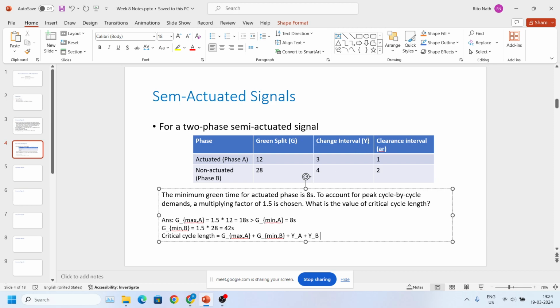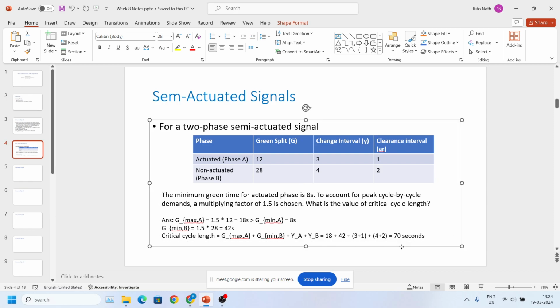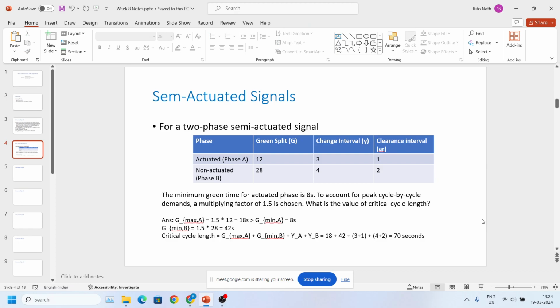Actually this is small y, and when you calculate capital Y and YB, you include those clearance intervals as well. So this is 18, this is 42, this is 3 plus 1, and this is 4 plus 2. So this becomes 70. So that's 6 plus 4, yeah, this is 70 seconds. So that would be your answer, which was correct, that were given in the chat box.